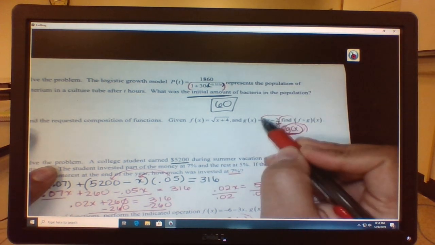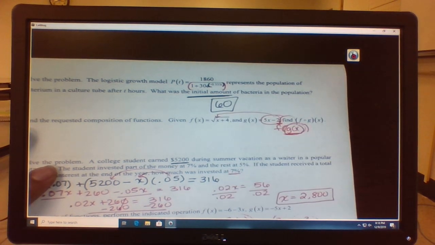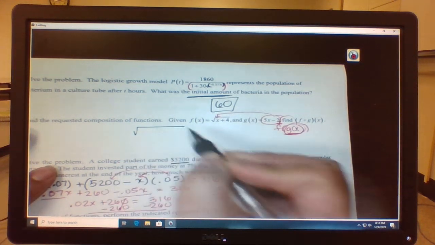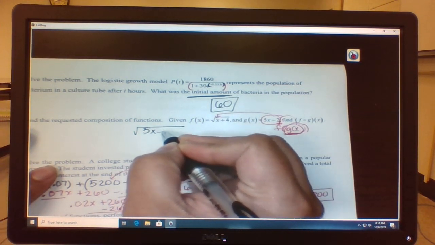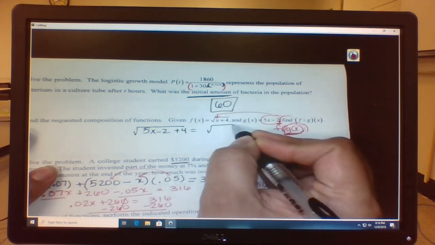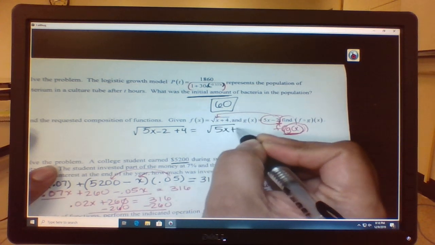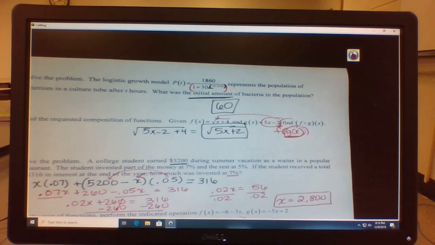So this needs to replace that little dude. So this becomes the square root. Instead of x, who am I going to put? 5x minus 2. But don't forget, there is still a plus 4. So it becomes 5x plus 2. And there's your answer. That's an easy one.